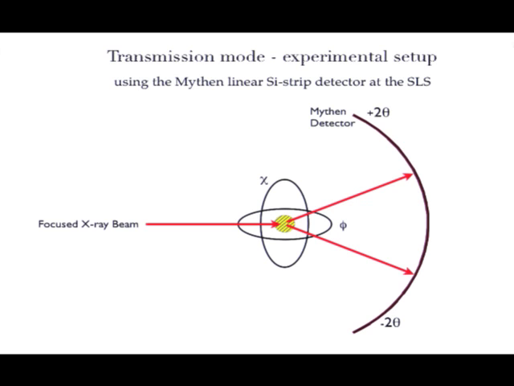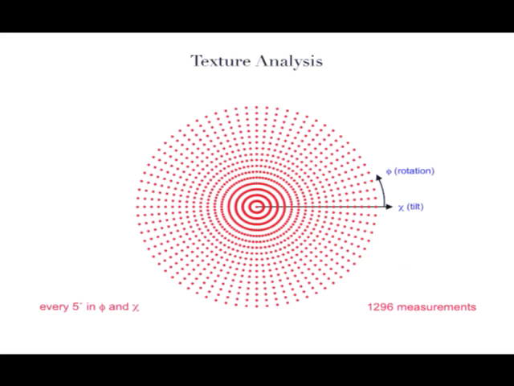So we want to, if possible, reduce the number of orientations we have to do, and that can be done, because if you look at the original setup, we had a very dense population of orientations in the center, so it's not an equal distribution of the measured orientations.